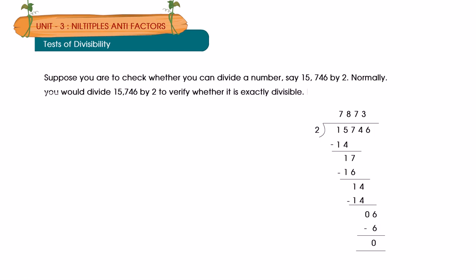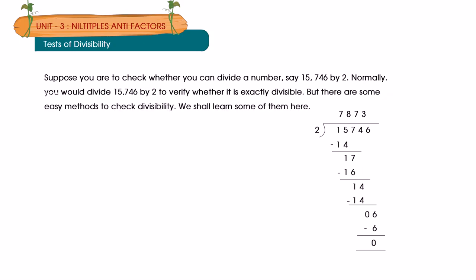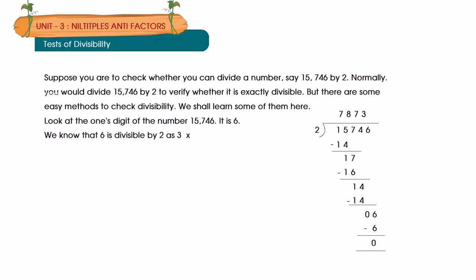But there are some easy methods to check divisibility. We shall learn some of them here. Look at the ones digit of the number 15,746. It is 6. We know that 6 is divisible by 2 as 3 into 2 is equal to 6.